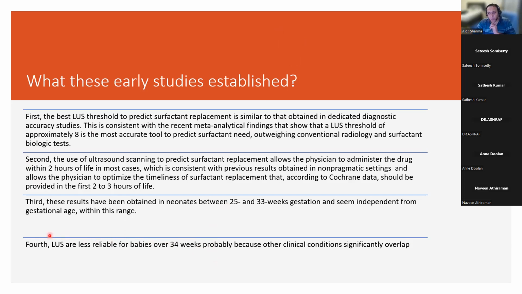I think the one thing I do want to mention is that these early studies did show that for babies over 34 weeks, other clinical conditions and their overlap mean that lung ultrasound might be less reliable. And I would caution that clinical correlation in this group of babies is quite crucial. We know that there is a study of surfactant use being carried out in babies between 34 and 36 weeks.